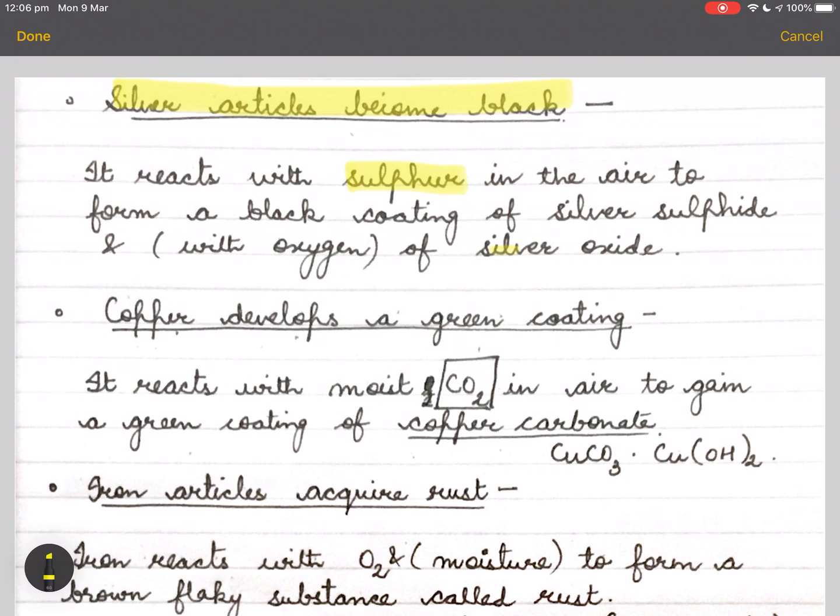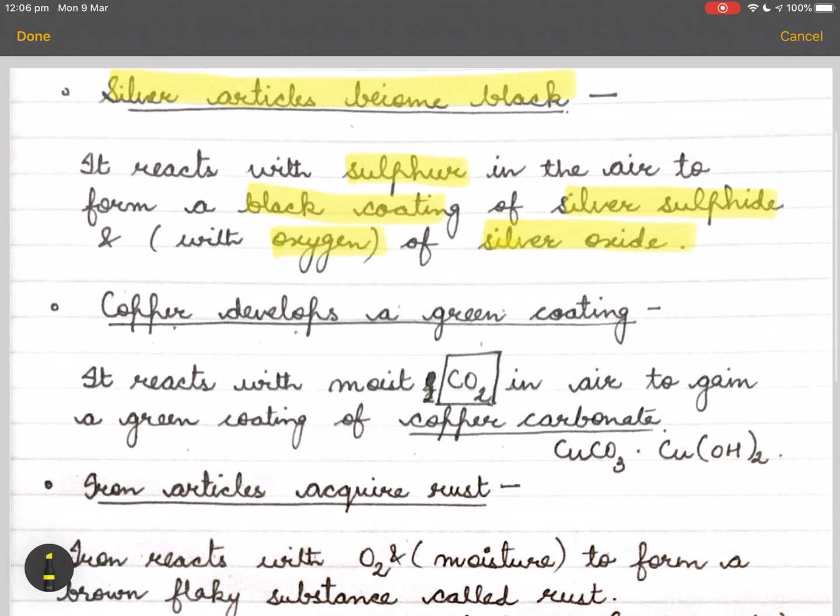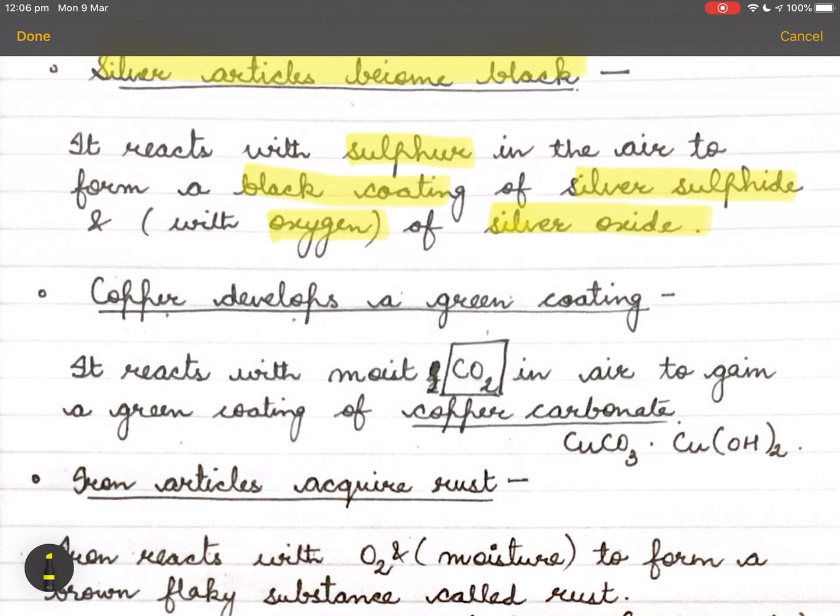Silver reacts with sulfur in the air to form a silver sulfide layer, as well as it reacts with oxygen to form silver oxide. These two layers combine together to give the black appearance to your silver ornaments. That's again because of corrosion. So in the exam the question can be, why do silver articles become black when left for some time? That's the answer you need to write.